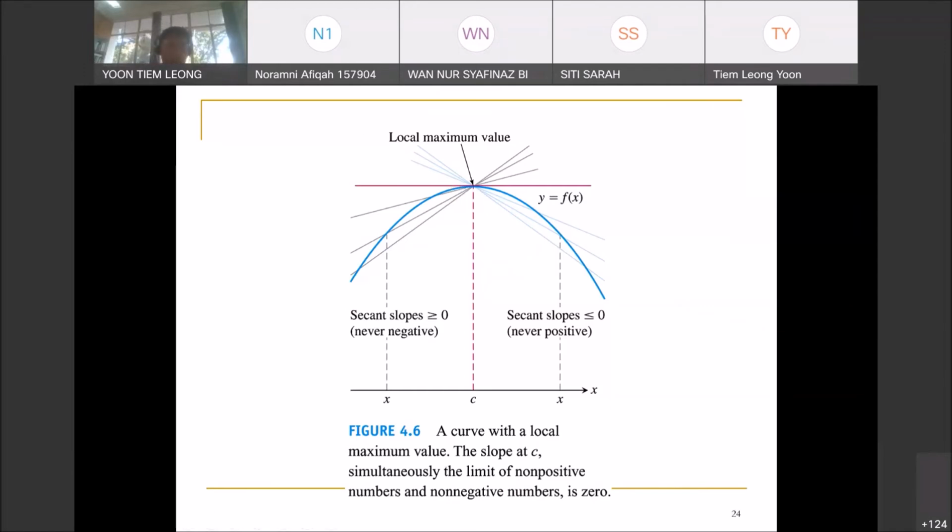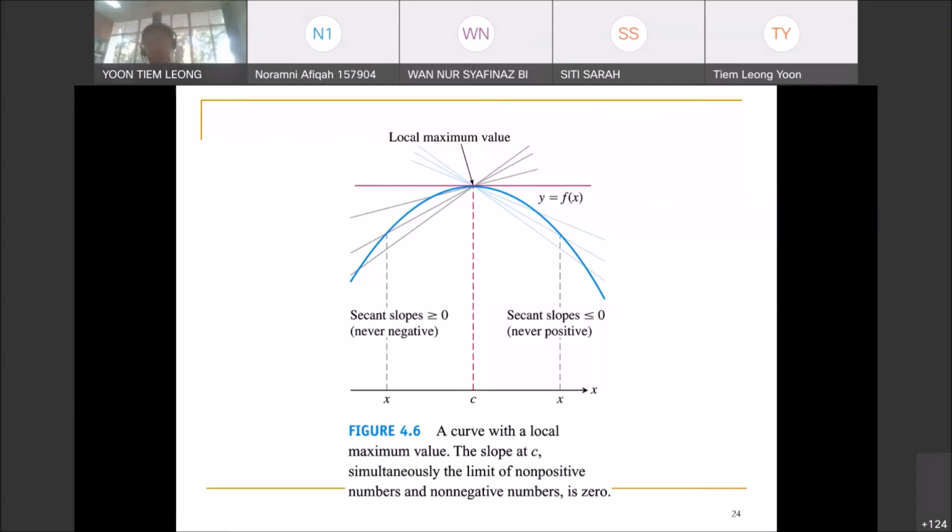So this is a very intuitive understanding. If you have a local maximum in this case, then the slopes from the left approaching the local extremum to the right will change sign, right?